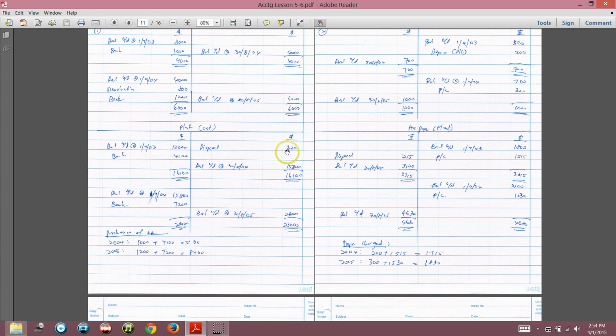So assuming we did not purchase any plant, 12,000 minus 300, at the end of the year our plant at cost is supposed to be 11,700 only. But why is it that at the end of the year our plant at cost is 15,800?